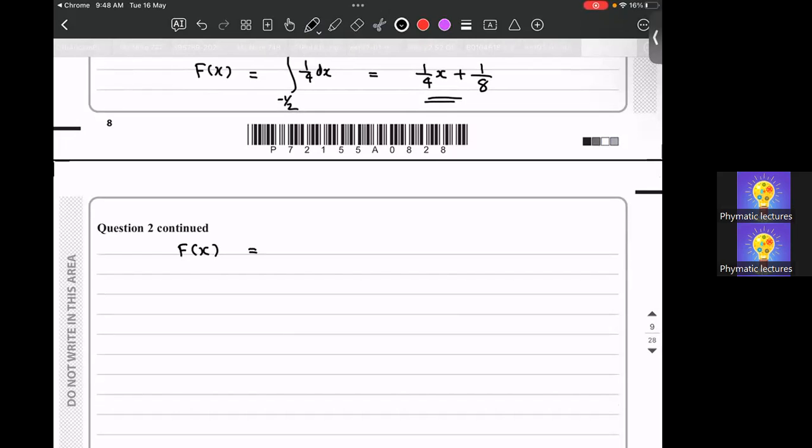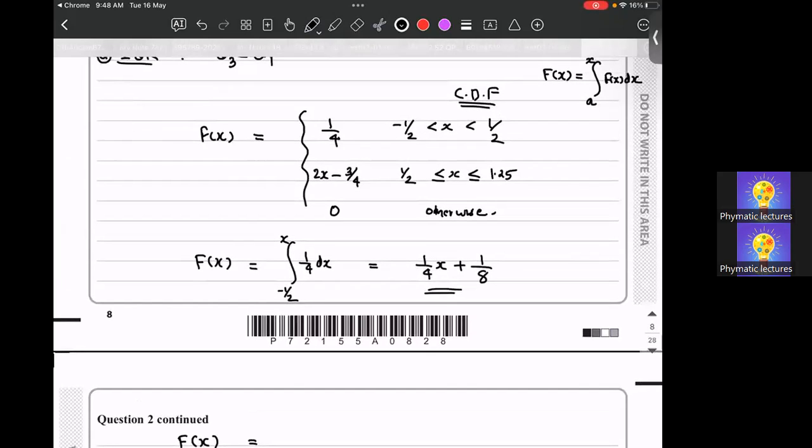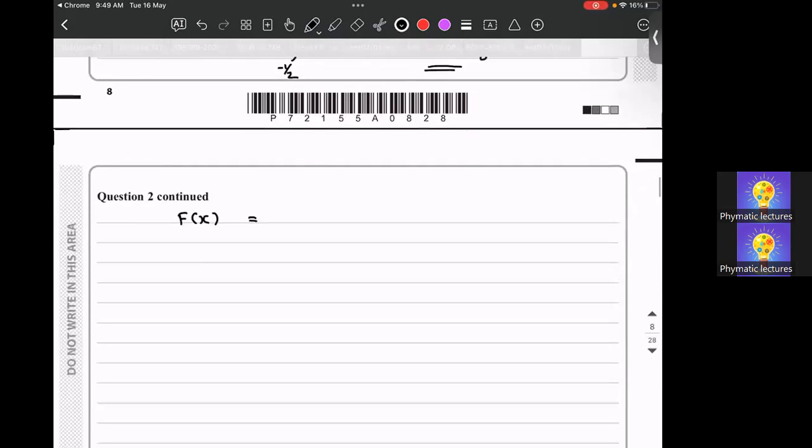Then capital F of x is equal to, we know that once it reaches the value of x, when x is taking the value 1/2, 1/4 into 1/2, that is 1/8. So 1/8 plus 1/8, it's 1/4.